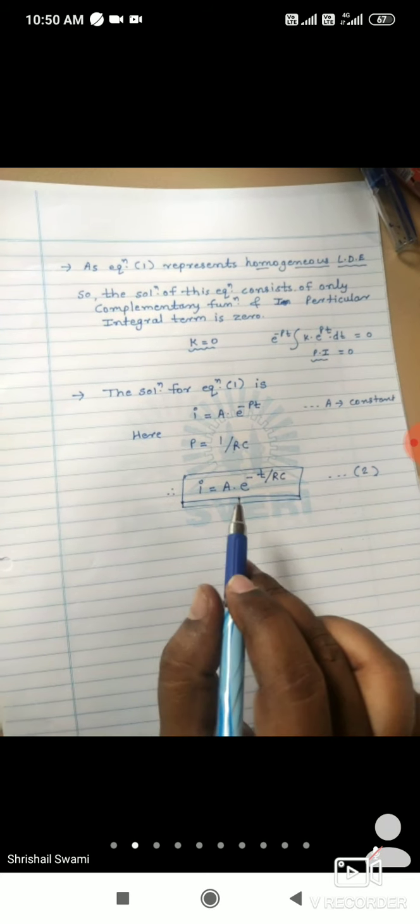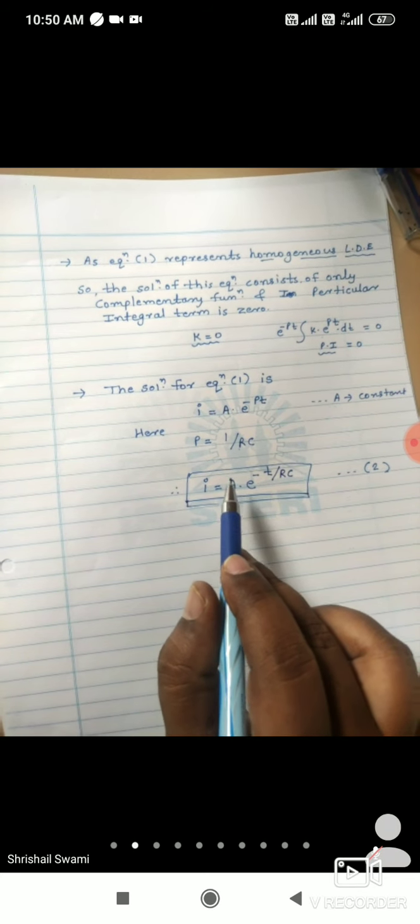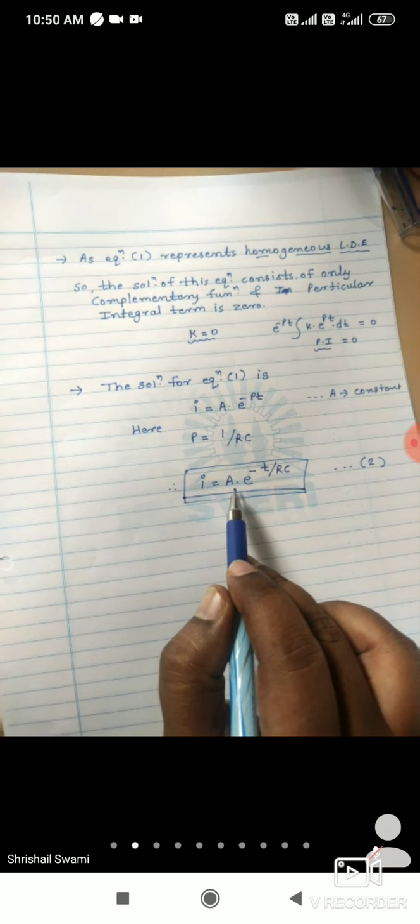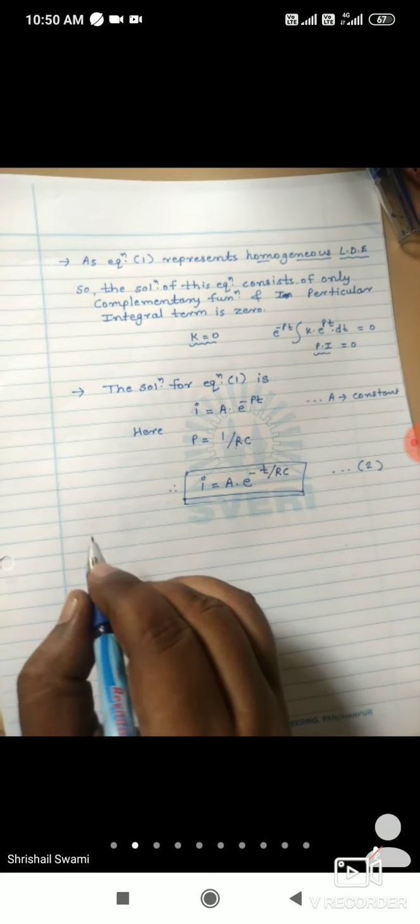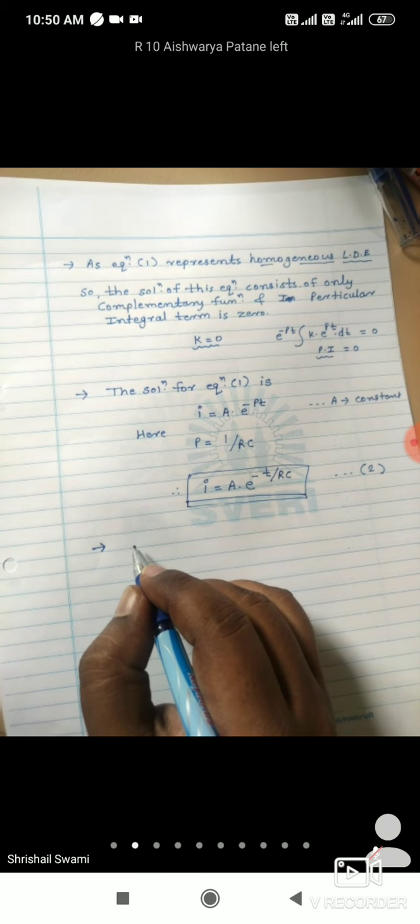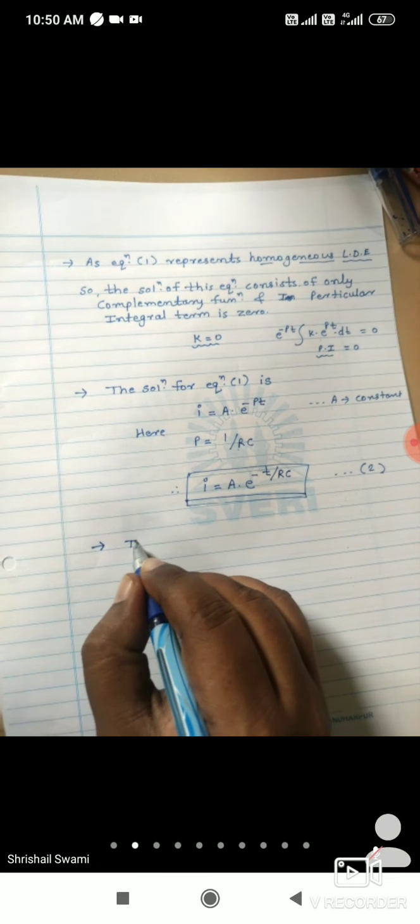Okay, now we still have not got the final expression, because we want to find the arbitrary constant value a. For that we can use the initial conditions.